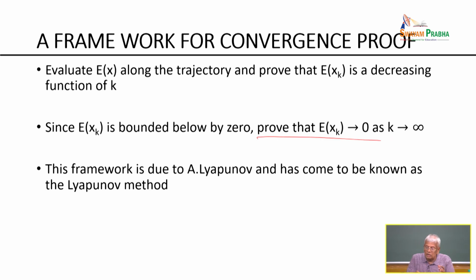This framework for the proof of convergence is named the Lyapunov method. Lyapunov is a great Russian mathematician who lived towards the beginning of the 20th century, in the early 1900s. So, it is one of the basic principles of Lyapunov methods.